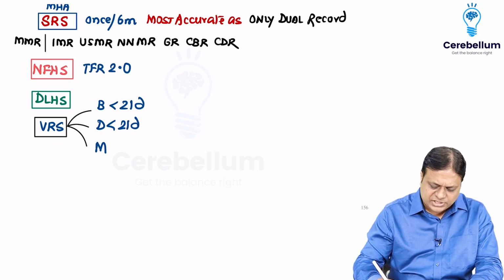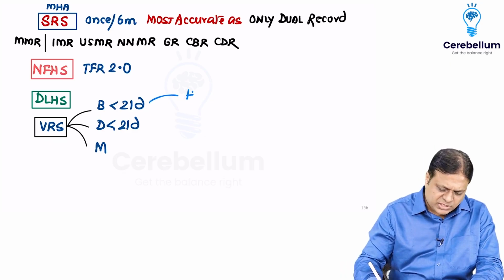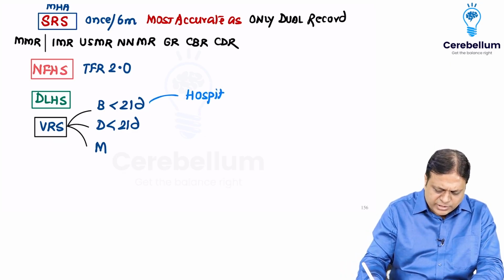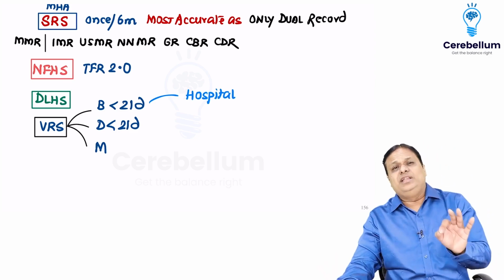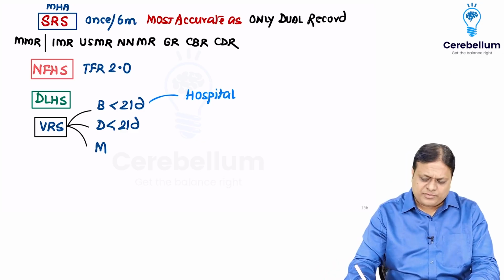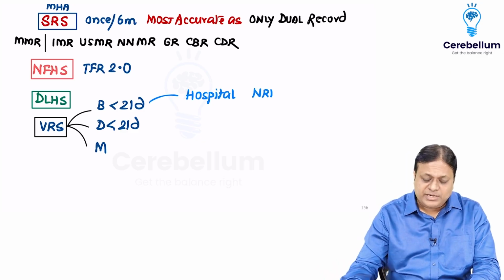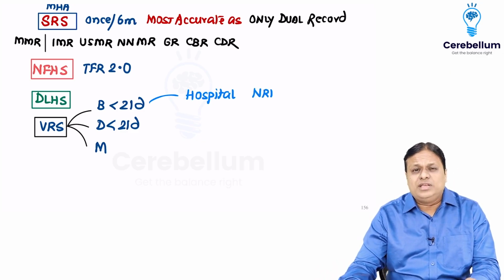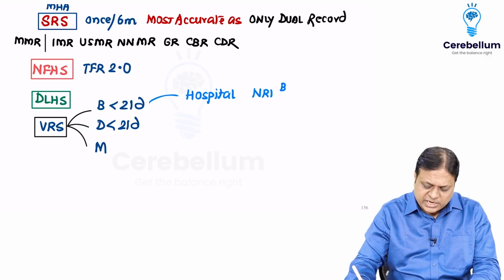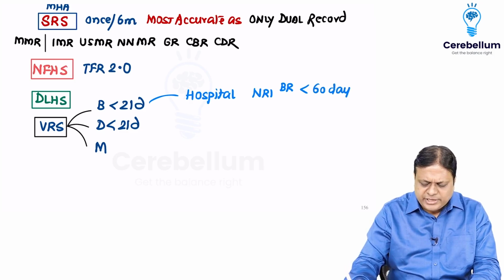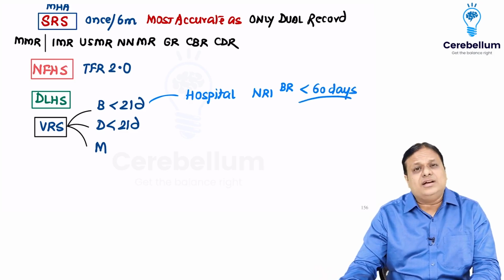Birth registration is the responsibility of the hospital or institution where delivery is done. If an NRI couple delivers a child abroad, they want the birth registration of the child in the country. It should be done within 60 days of arrival in the country.